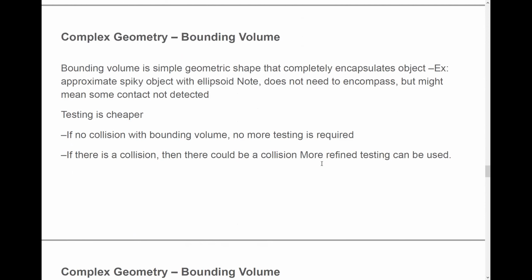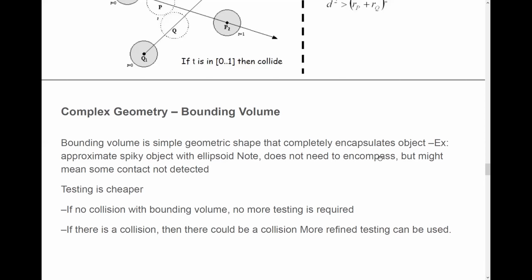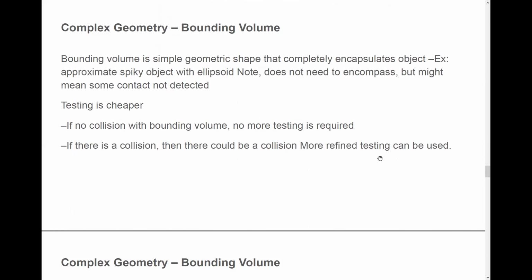When it comes to bounding volumes, a bounding volume is a simple geometric shape that completely encapsulates the object, and testing is cheap with these.